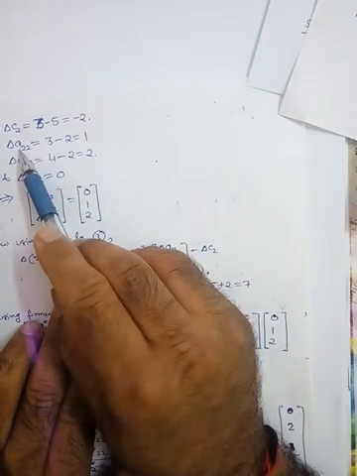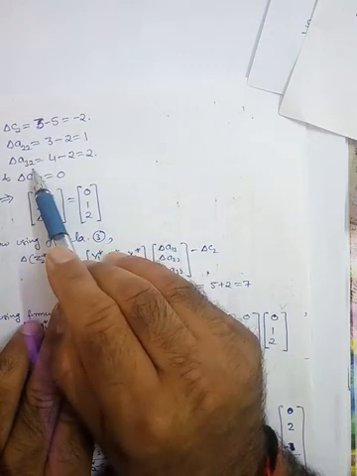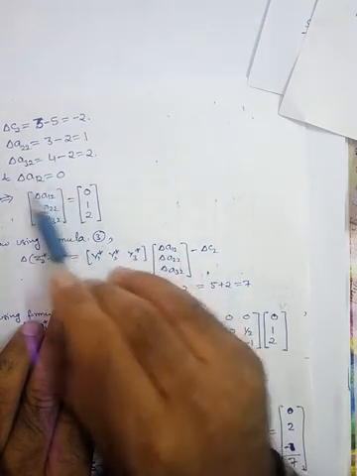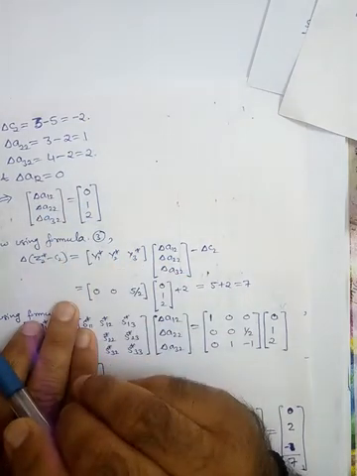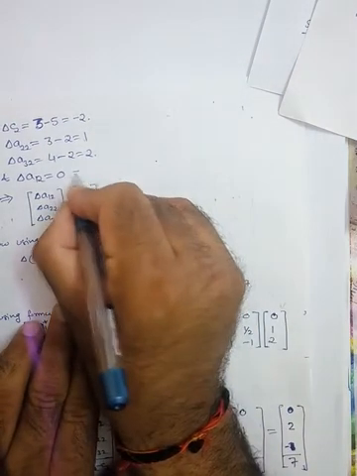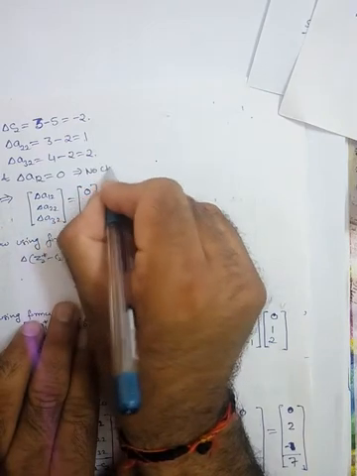Since in A22 there is a change, in A32 there is a change, but there is no change in delta A12, that's why its value is 0. Fine, no change.